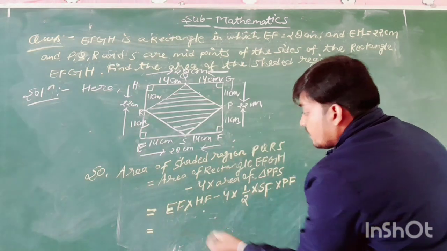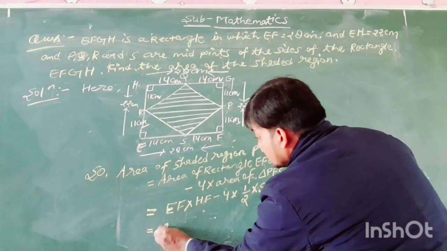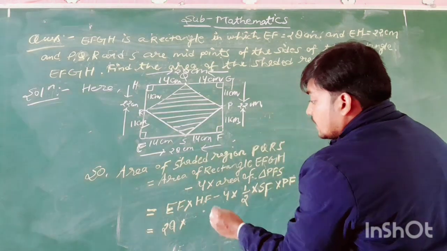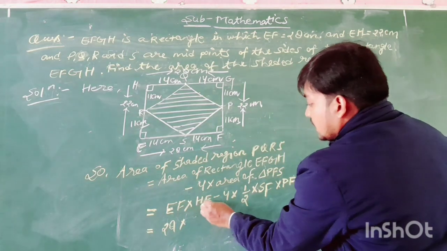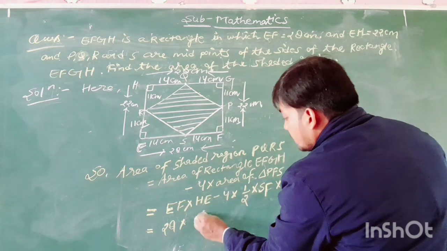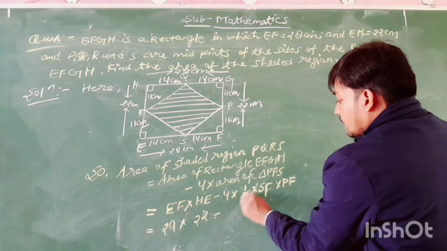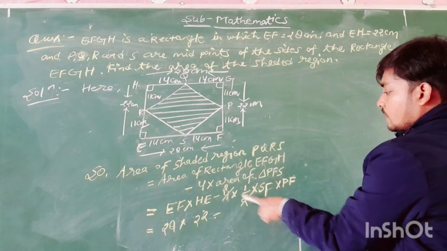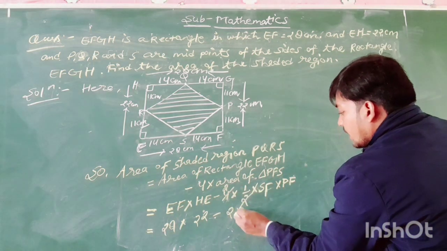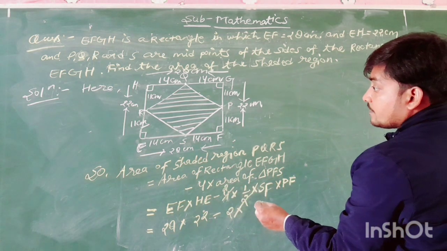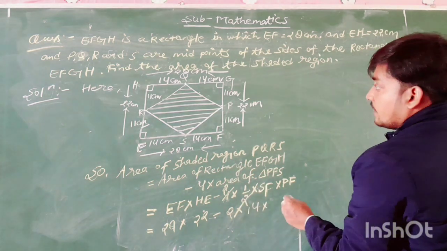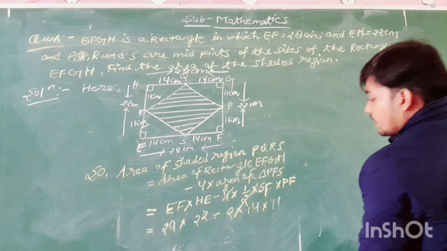The measure of EF is 28, measure of HE is 22, minus 4 into 1 by 2 into SF, measure of SF is 14, and measure of PF is equal to 11.